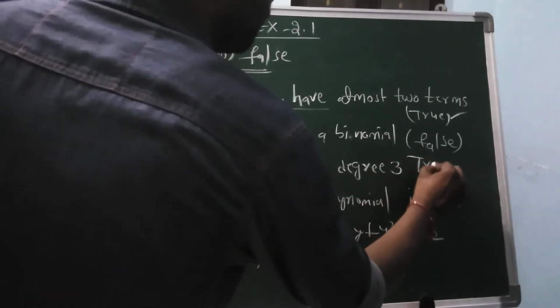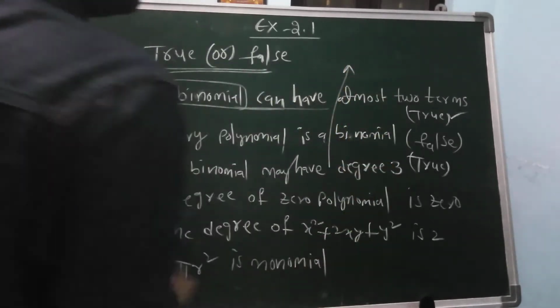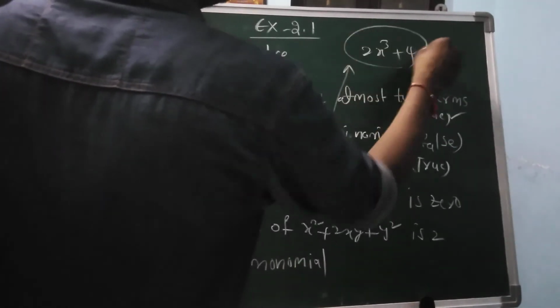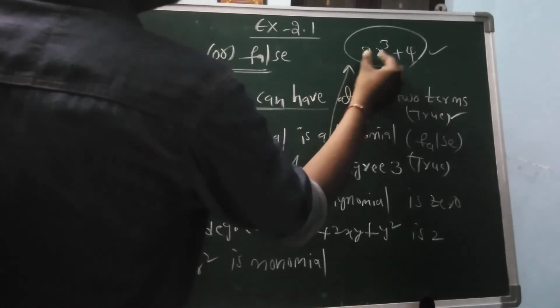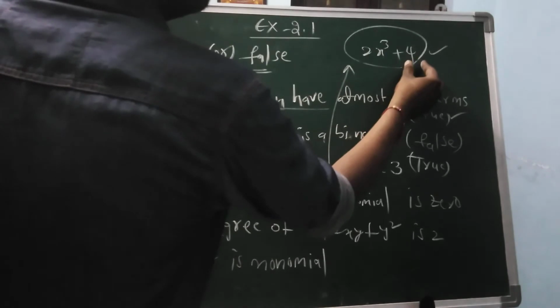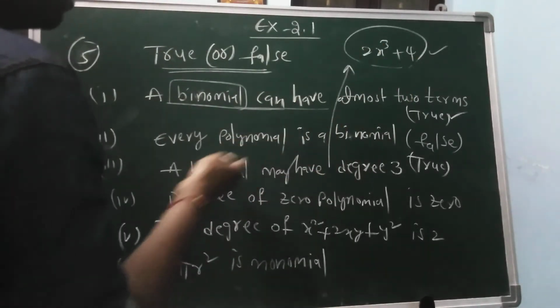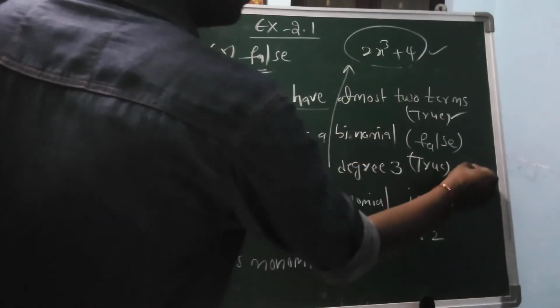Because here they are only asking about a binomial. It may be degree 3, because 2x cube plus 4 is correct. The number of terms here is 2. This is one term, this is one term. So it is a binomial. So a binomial may have degree 3. Yes, so it is true.